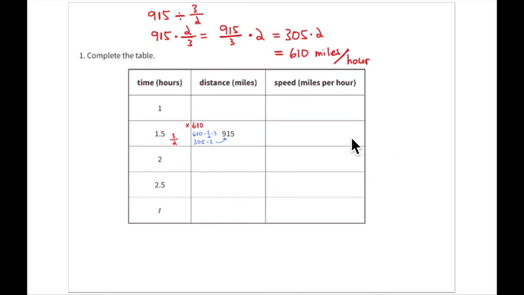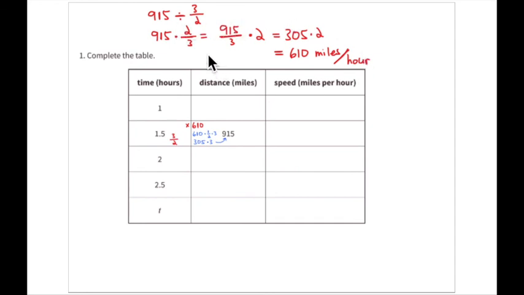All right, so the table. They give you time, and they give you one row. They always have to give you one row to tell you what that relationship is. And then you're to figure out the rest of them and figure out the speed for each one of these. Well, it's 915 miles per 1.5 hours.